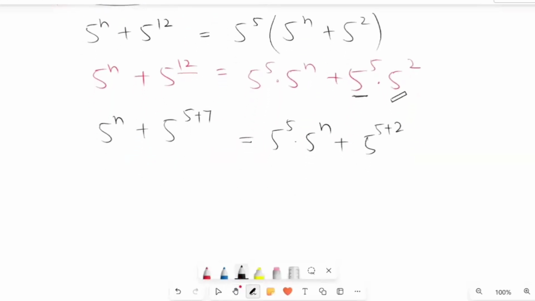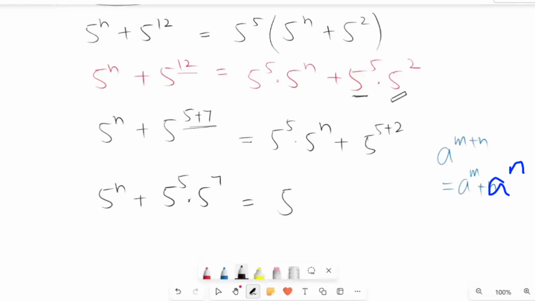So the next expression we will get 5^n plus, here we have the exponential rule, a^(m+n) is equal to a^m times a^n. So I am going to apply this here. This will turn to 5^5 times 5^7 is equal to 5^5 times 5^n plus 5^7.